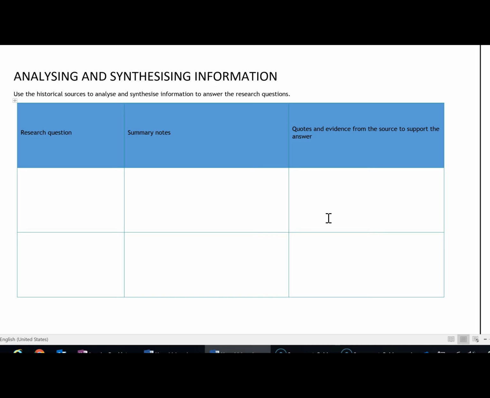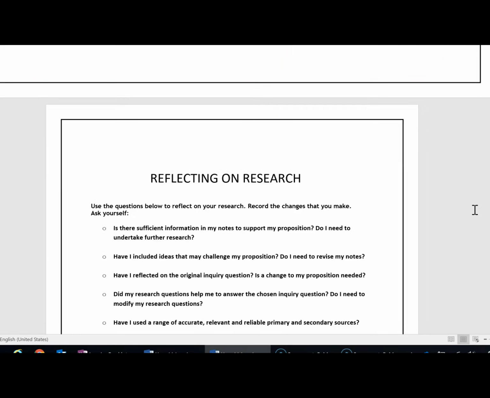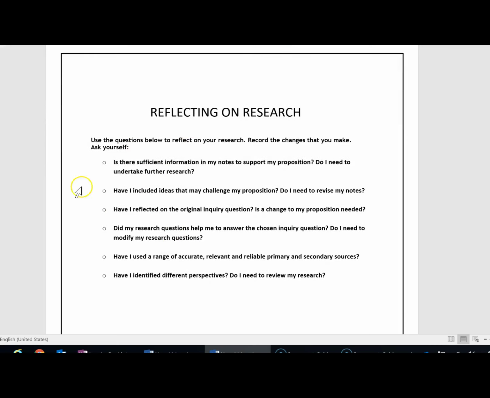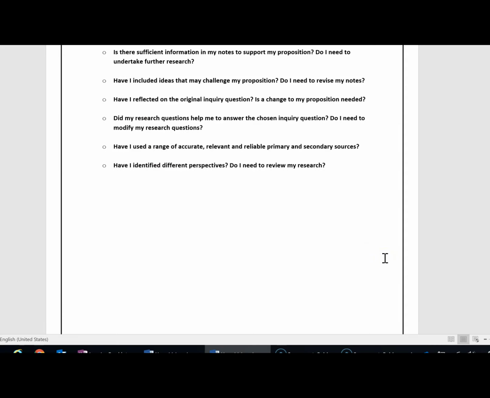Not having 50 pages of notes that really don't engage with that. I'm not looking for the person who can research the most. I'm looking for the most effective research that can be used to form an argument in an essay. So that's those ones there. You'll need to fill that in for each question. And then that's just a quick reflection checklist just to make sure you're done.